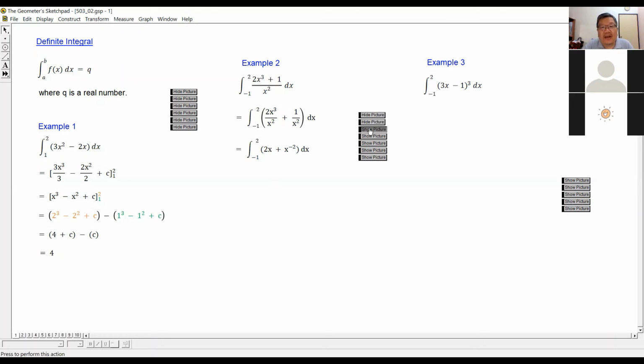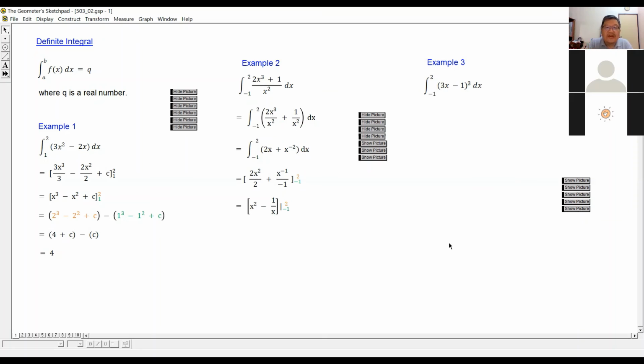Now you can integrate. 2x becomes 2x squared divided by 2. x to the power -2 becomes x to the power -1 divided by -1. So the 2 can cancel away. x to the power -1 is actually 1 over x, and you minus that. Now the function is already there.